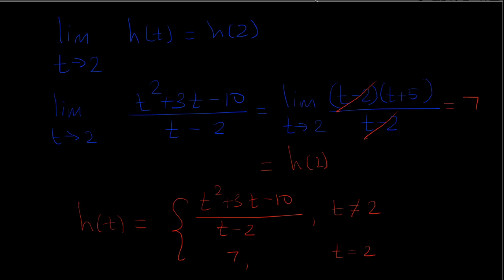Okay, next, let's look at, so we want to define f of 1 in a way that extends f of s equals s cubed minus 1 over s squared minus 1.